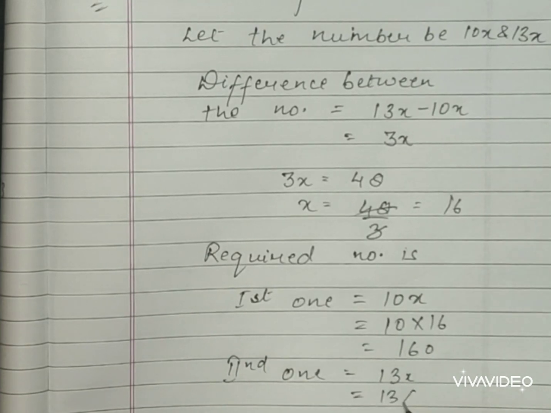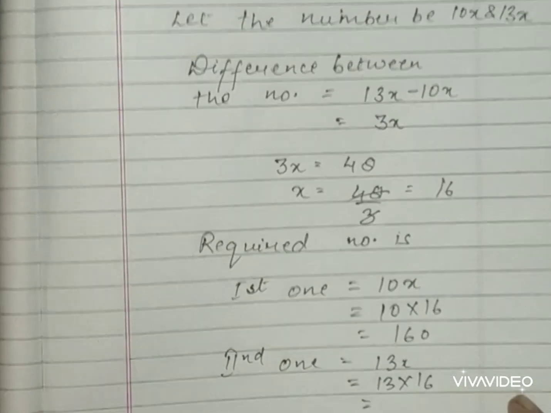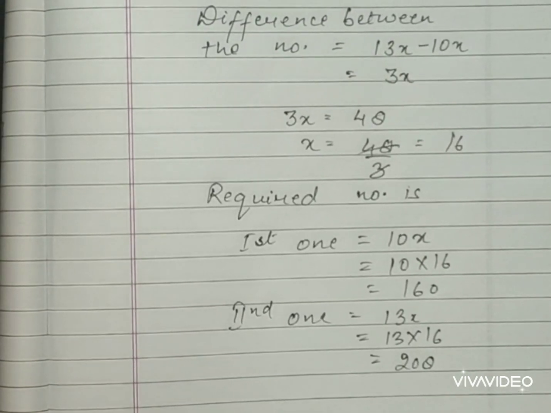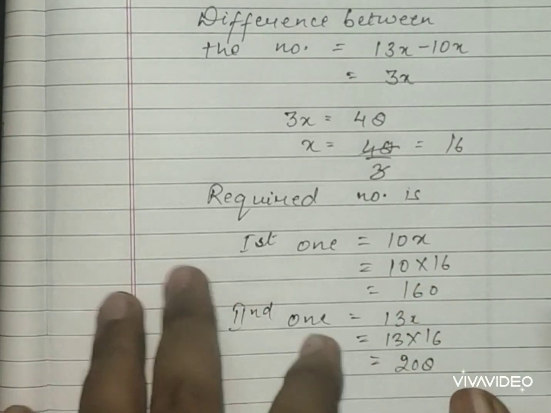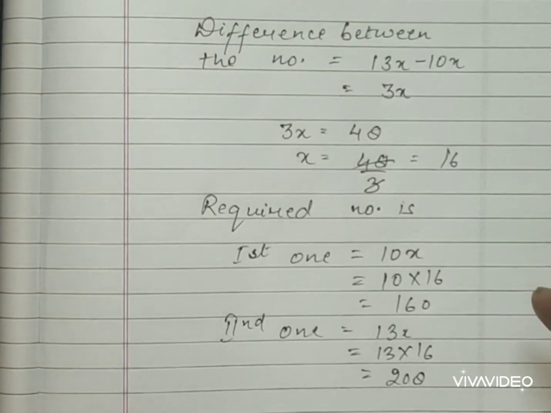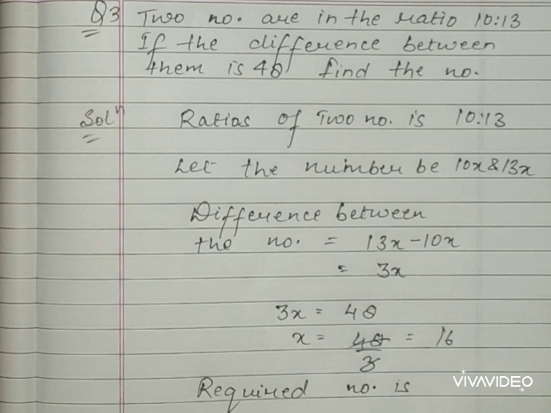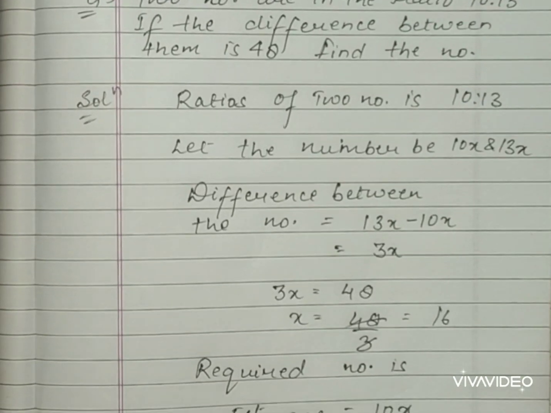So 13 into 16, that is equals to 208. So you have got the numbers also, and this is the way how you solve it. I hope now you can do each and every type of question that is based on the ratio. Clear? Let's move on and see what is proportion.